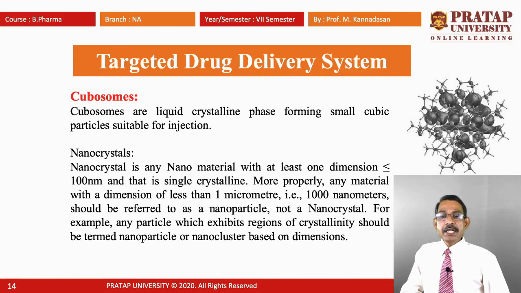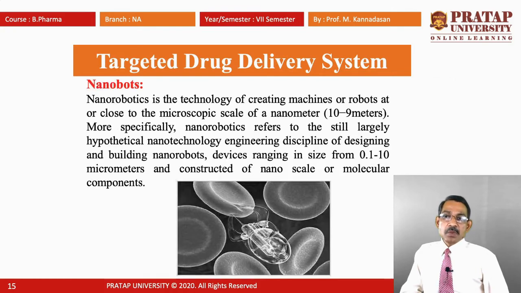For example, any particle which exhibits regions of crystallinity should be termed a nanoparticle or nanocluster based on dimensions. So depending upon the dimensions, nanoparticles or nanocrystals, they are less than and up to 100 nanometers.